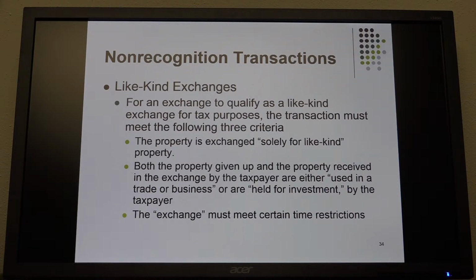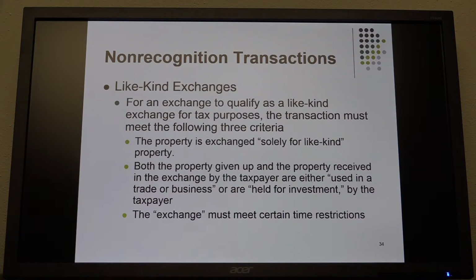It's an exchange, just like it says. And so that should be an event that is a realizable event. But if it's an exchange of like-kind property, the tax code allows you to defer the gain until the disposal of the property that you received in the exchange.